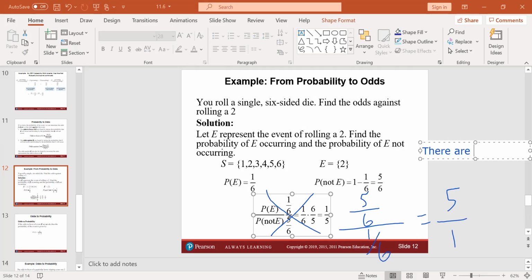So there are 5 to 1 odds against rolling a 2. 5 of the possible chances go against a 2. Only 1 of the possible chances go in favor of a 2. So there's 5 to 1 odds.